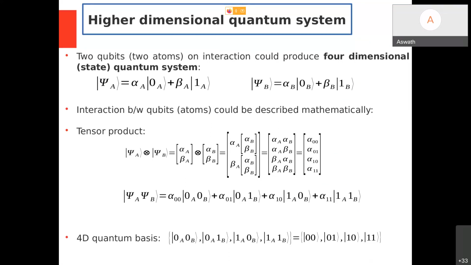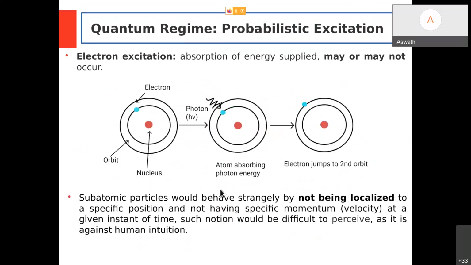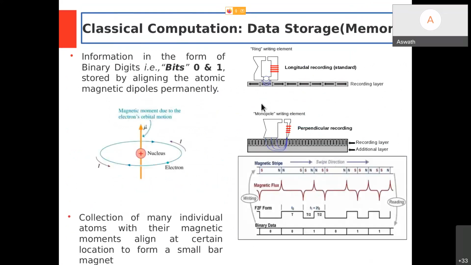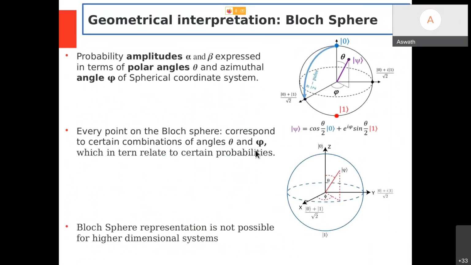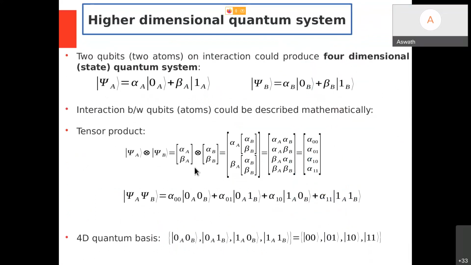So it's so large. Okay, so classically, instead of using multiple atoms to store one bit of information, if I start using atoms to generate a higher dimensional quantum system in that way, with just 50 to 60 atoms I can store a lot of information in the quantum regime.